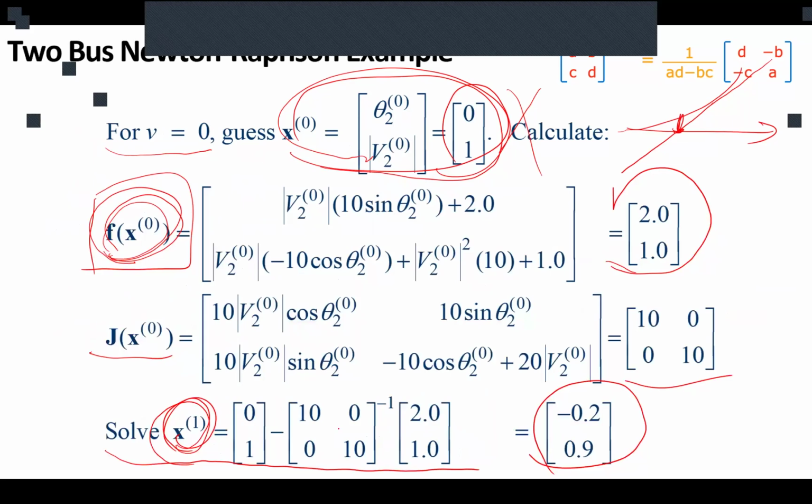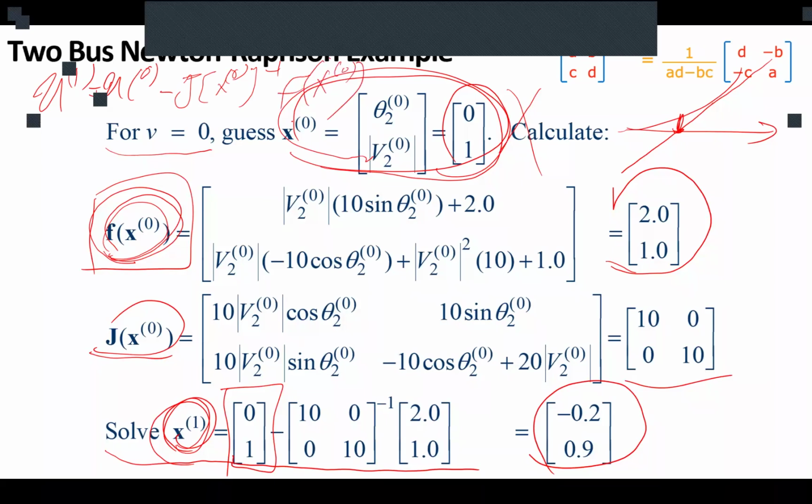The formula is: x1 is x0 minus Jacobian of x0 inverse times f of x0.